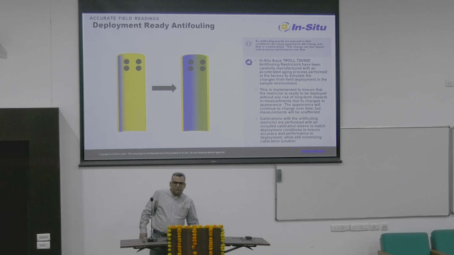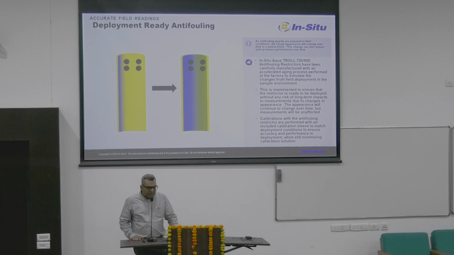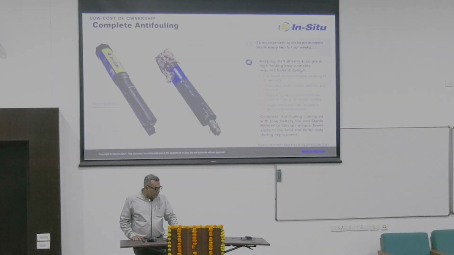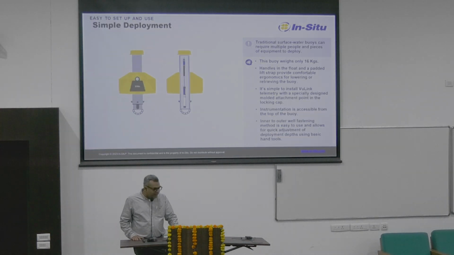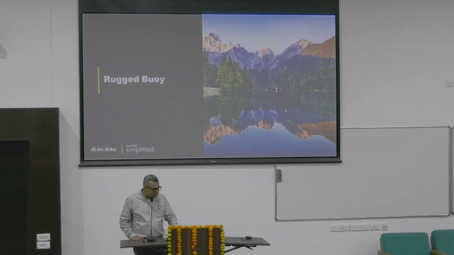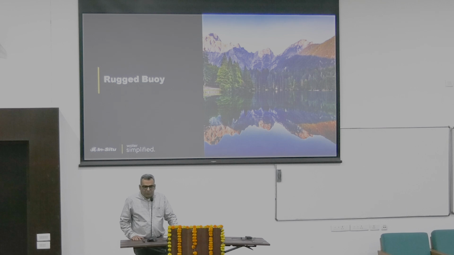So the marine growth is very, very less, and your data quality is very good. There are a lot of videos, but unfortunately I am unable to play them, so I can't show you how this works. Any questions up to multi-parameter sondes? Then we can quickly move on, because I'll be able to finish in the next 5-10 minutes.